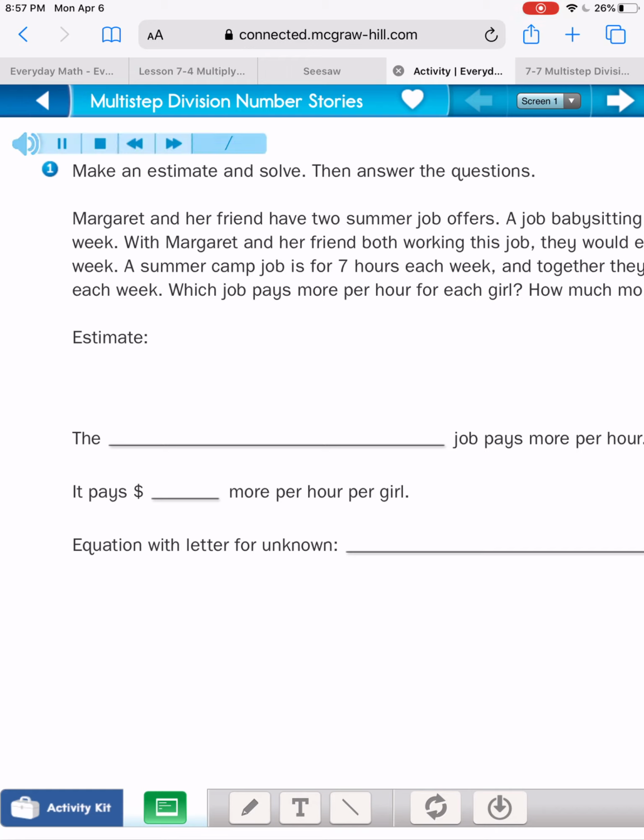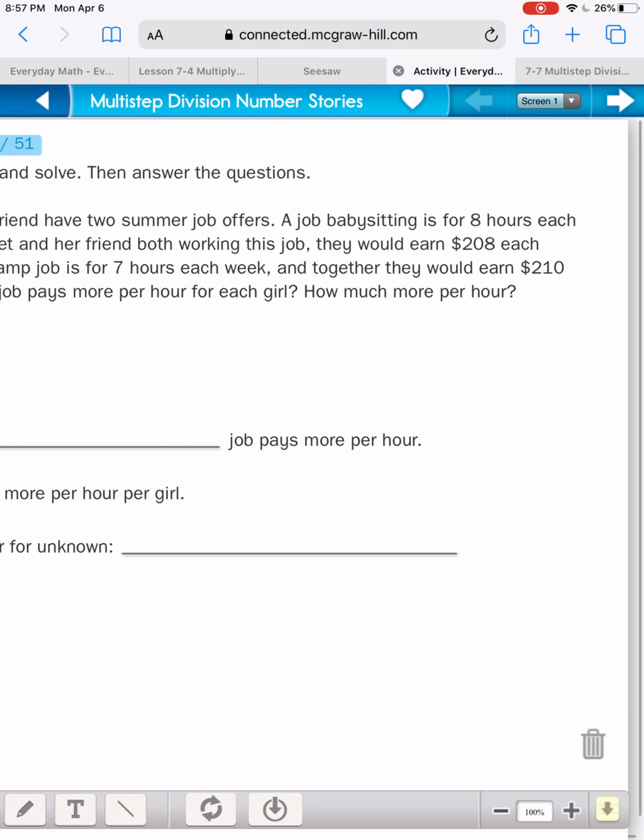Let's listen. Multi-step division number stories. 1. Make an estimate and solve. Then answer the questions. Margaret and her friend have 2 summer job offers. A job babysitting is for 8 hours each week. With Margaret and her friend both working this job, they would earn $208 each week.